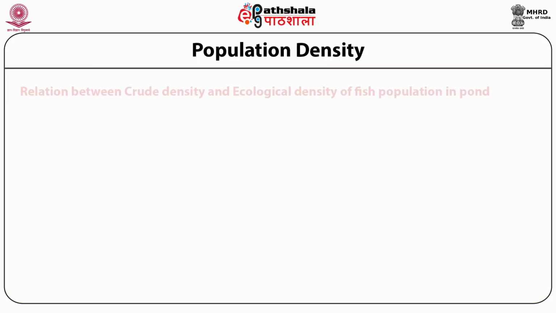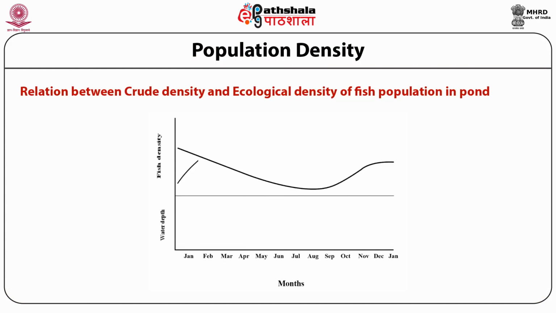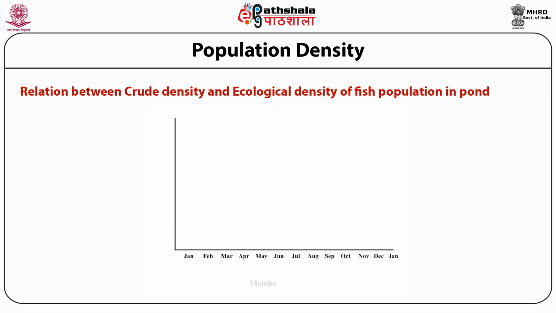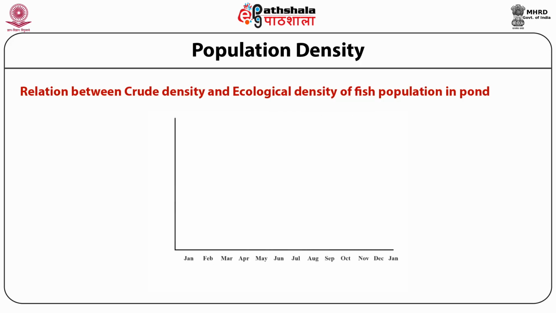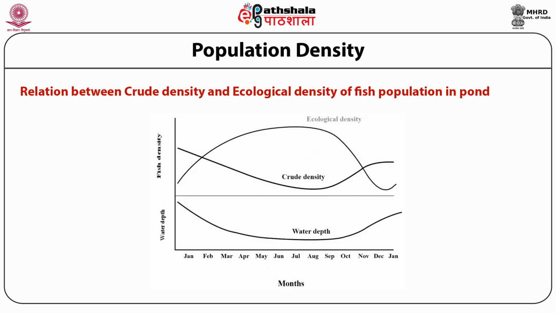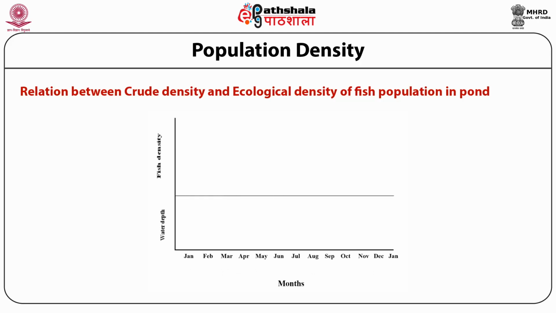The difference between crude and ecological density can be explained by taking the example of fish density in a pond. The crude density of the fish in the pond goes down as the water level drops during the summer season, but the ecological density in the contracting pond increases as the fishes are crowded into a smaller water area.